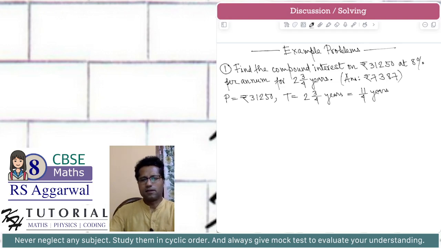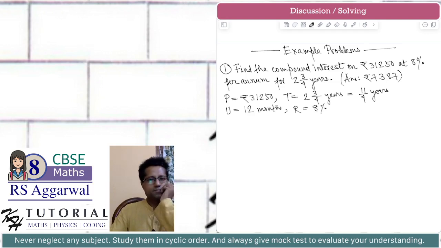Nothing is told about whether the interest is compounded annually, quarterly, or half yearly. When nothing is given, you should assume that interest is compounded annually. So we will have u is equal to 12 months. And of course, R is given as 8%. R is 8.